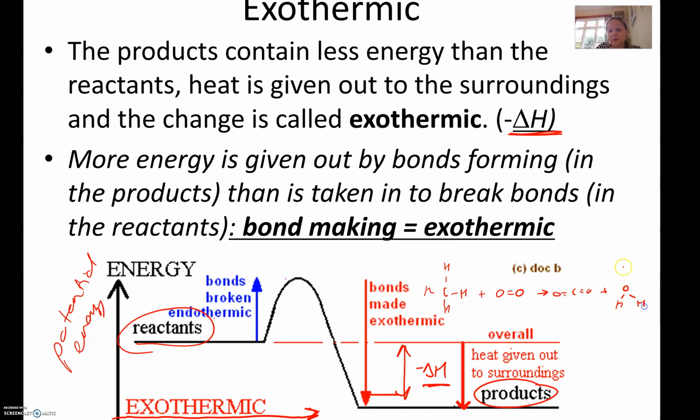And you guys will see that I'm drawing the shapes. I'm missing the Lewis structure step, but that's because we know how to do it. And you guys can actually see that this is what methane looks like, and this is what O2 looks like, and this is what CO2 looks like, and this is what water looks like, okay? And there's a reason for that, because I'm going to talk in a second about how we actually look at these reactions as a whole.